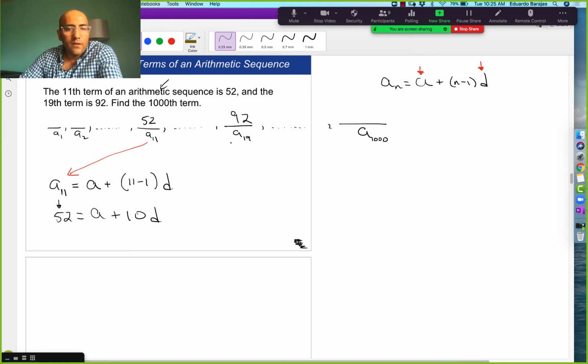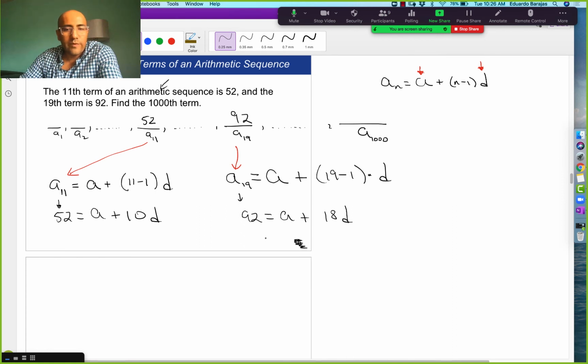From here, the 19th term is equal to A, an unknown value, plus 19 minus 1 times the common difference D, which we also don't know. And so this is going to lead me to 92 is equal to A plus 18D.